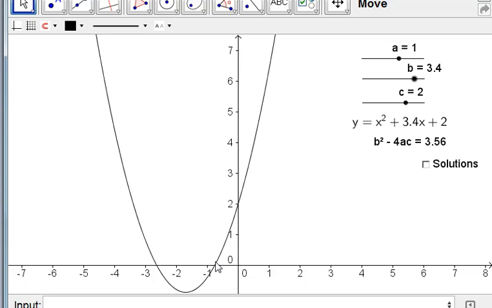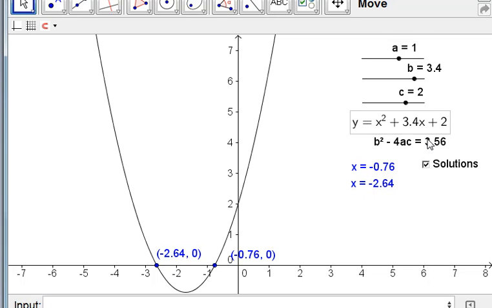Remember, where the curve crosses the x-axis is a solution to the equation. And if I press the solutions button here, you can see that I have 2 different solutions. So when the discriminant is positive, we have 2 different solutions. Okay, 2 distinct solutions, that's usually called.